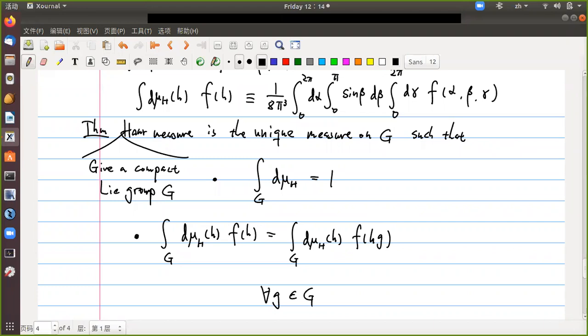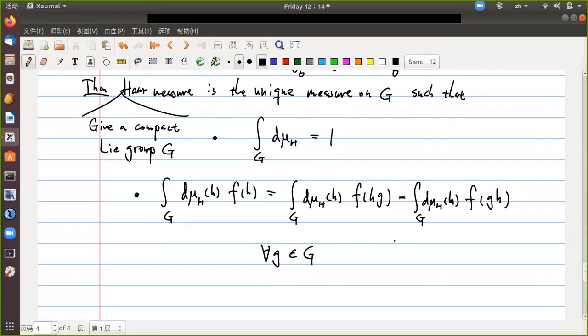You can also multiply the group element from the left, called left translation, and the integral is also invariant. Moreover, if you take the inverse of h, it's also invariant. Here f is, let's say, a continuous function on G, where C of G means continuous functions.